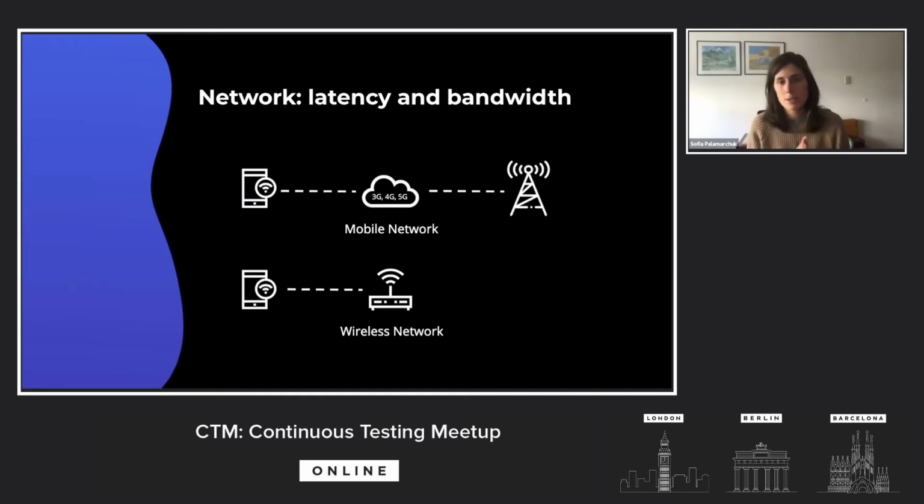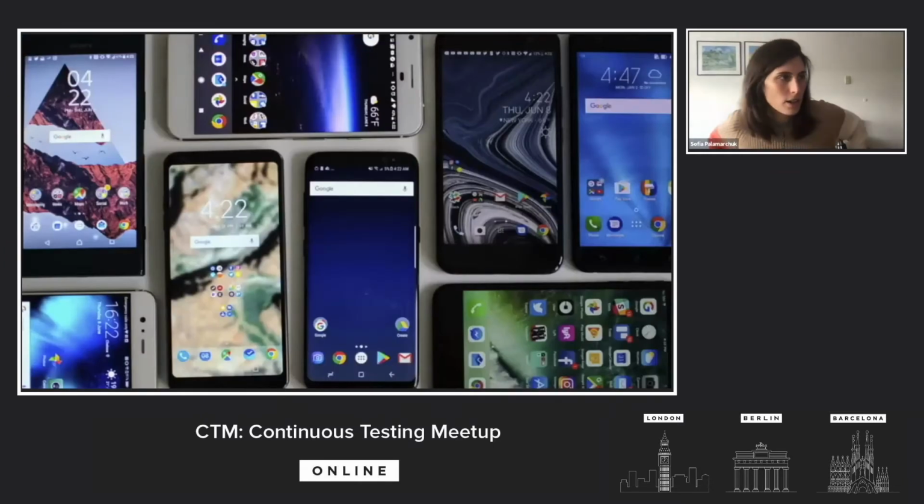With this, I'm going to go to the third factor, which is the client side, which comprises the device and the app itself. So why test mobile app performance on the client side? I already mentioned that app performance is directly related to the user experience, and I think this is a critical aspect that every mobile app team has to integrate into their test cycle.